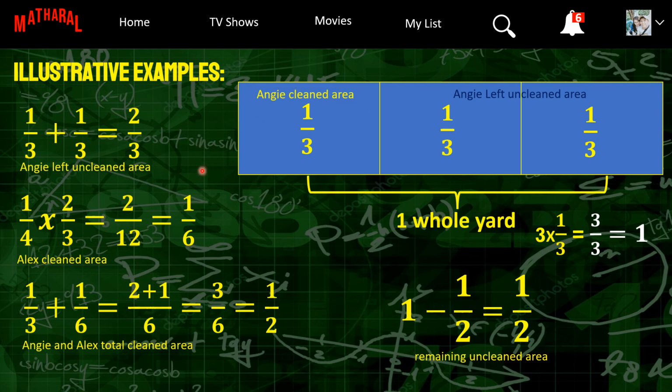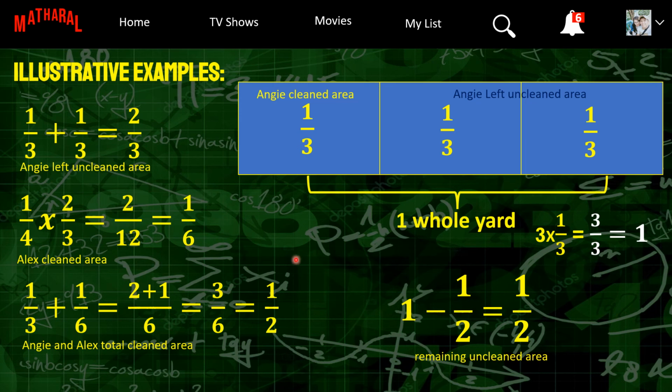So, ito ang nakita ninyo. Itong 1 over 6, ito po yung nalinis ni Alex. Okay? Doon sa natirang 2/3 part ng nilinis ni Angie. Okay? So, ito yung natira. Doon sa nilinis ni Angie, yung 2/3. So, that's why when we solve for Alex cleaned area, ito yung 1 over 6.